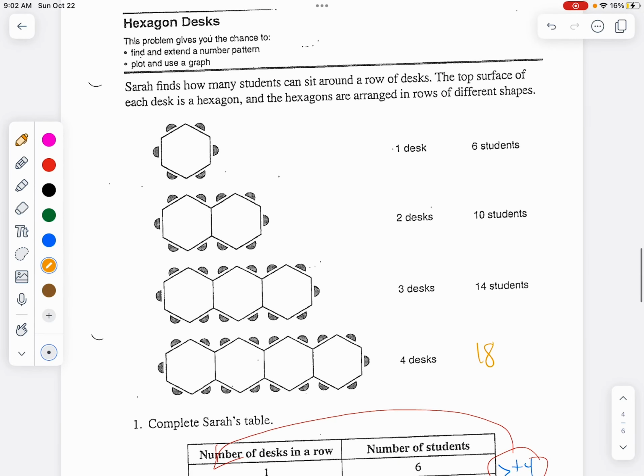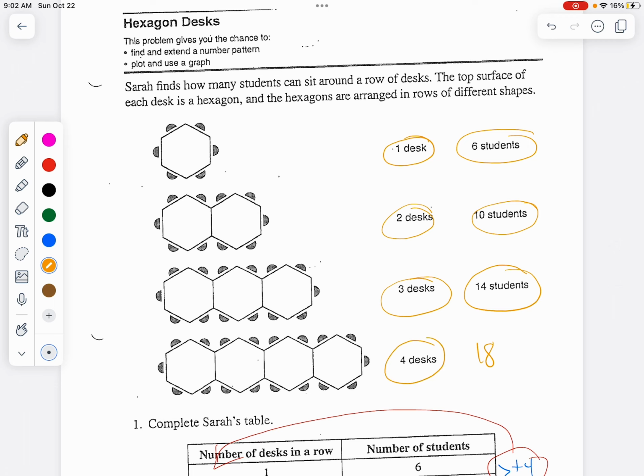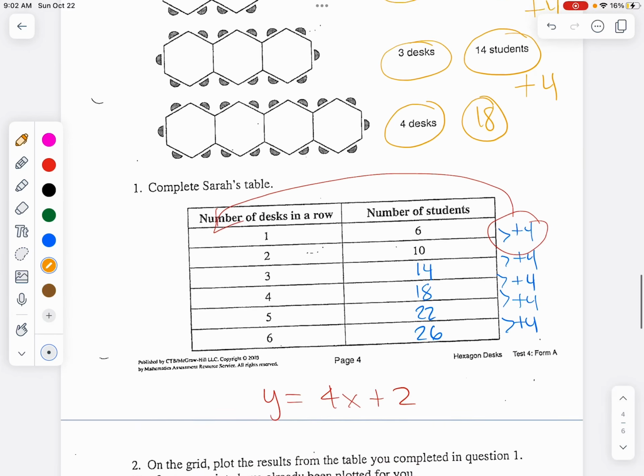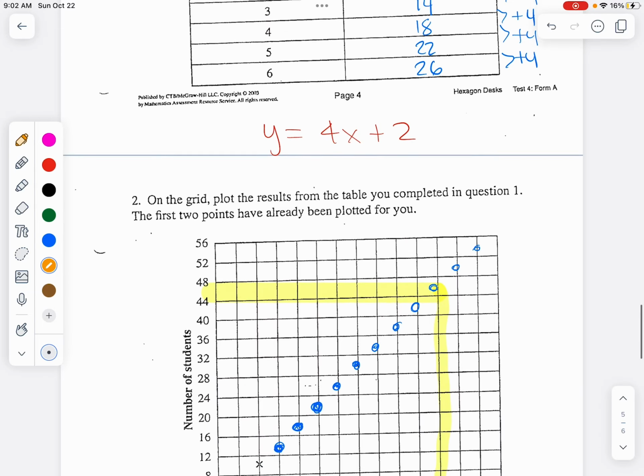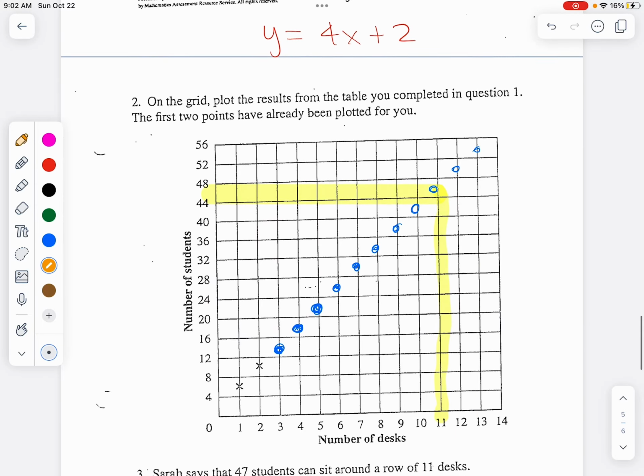And on the last example, it gives you even more. It says 1 desk holds 6 students, 2 has 10, 3 has 14, so 4, well, it's going up by 4 every time, so we know that has to be 18. And from there we can write our function rule and go ahead and plot that, right?